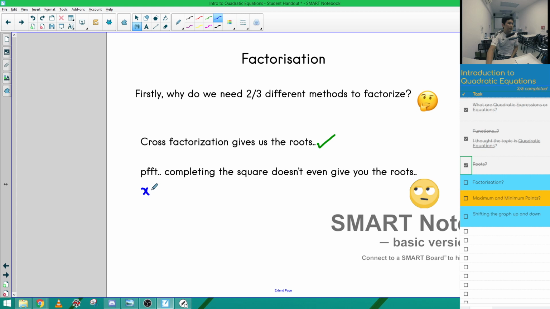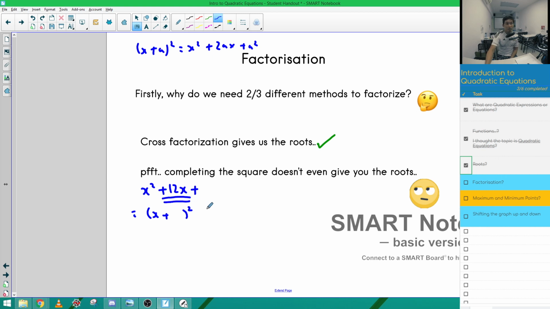Say if I give you a quadratic expression like this, how would you complete the square? I need to add something so that I can write this as (x plus something) squared. Going by this, if I have (x plus a) squared, I should get x squared plus 2ax plus a squared, meaning that this 12x over here is our 2ax.